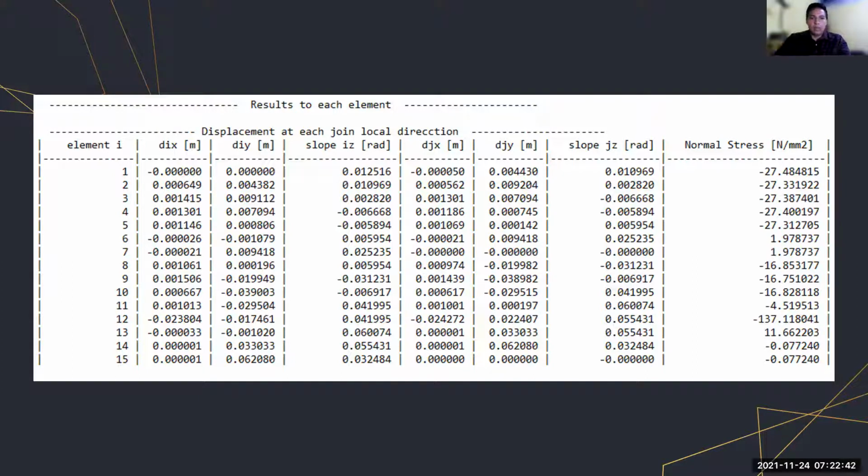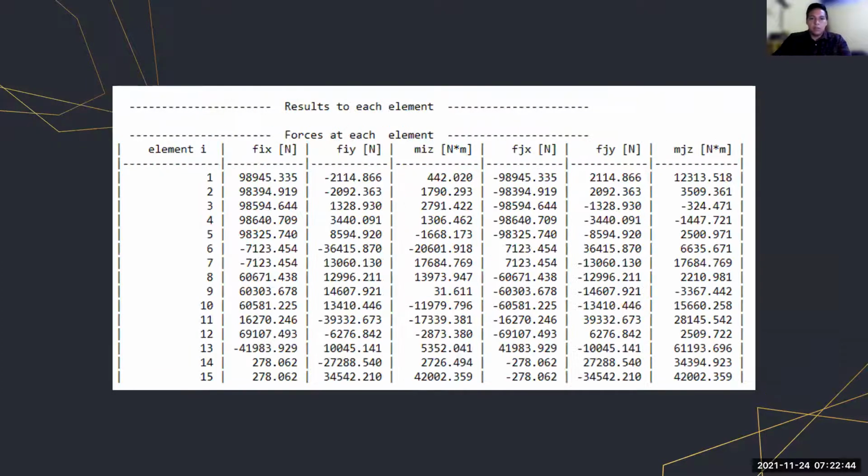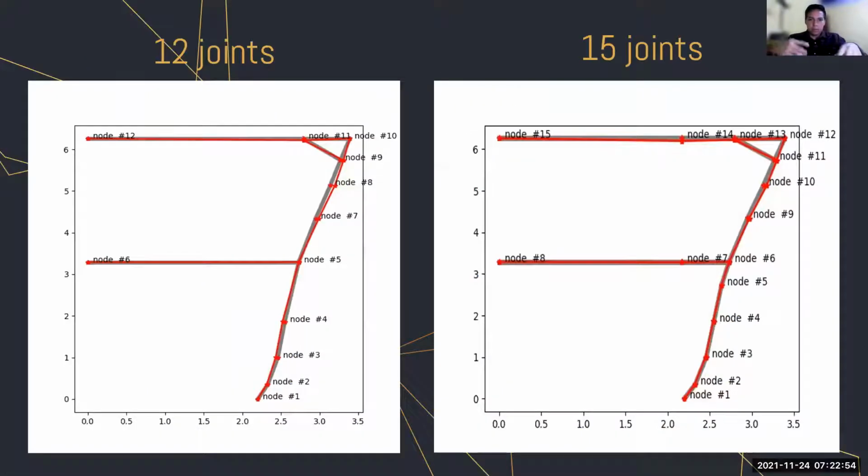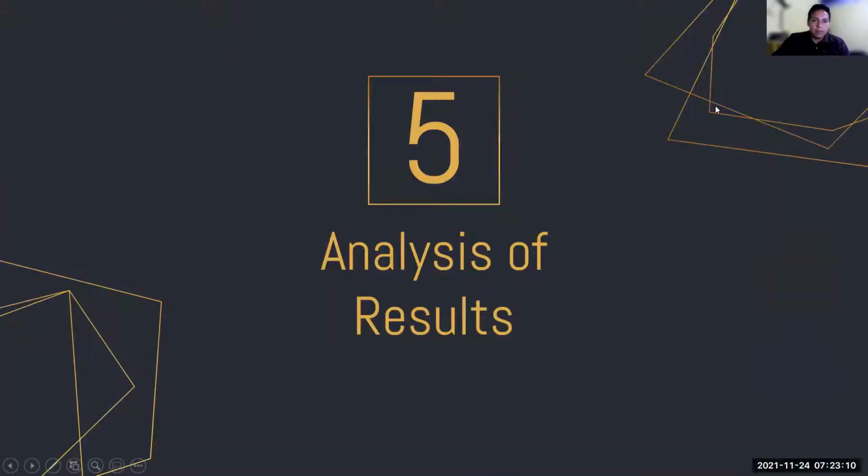Then we have the force in the direction for the local reference system. Finally, we have the plot, the result where we have the static equilibrium, the frame, and the deformation, showing whether it's moving upward or downward. We have to compare it.